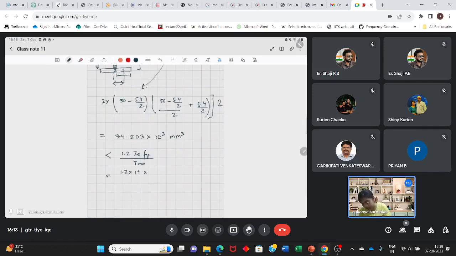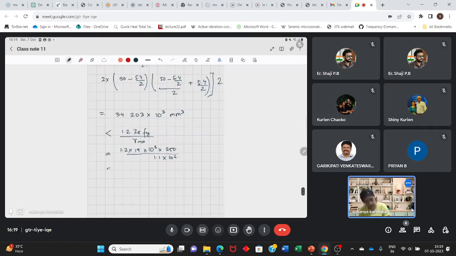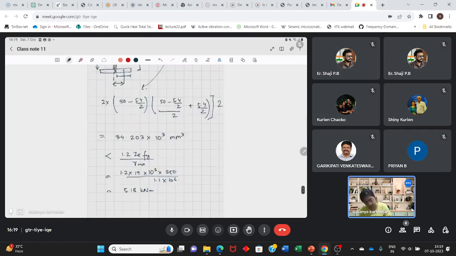That is 19 into 10 to the power 3 into 250 by 1.9 into 10 to the power 6, to be 5.18 kilonewton meter.